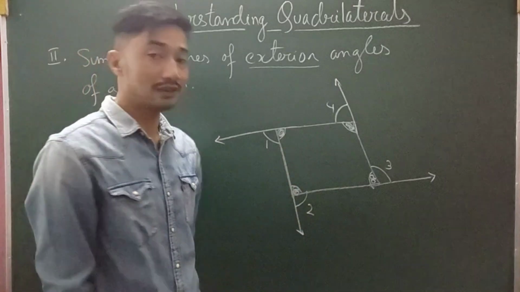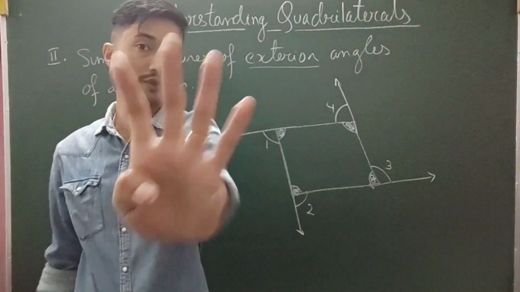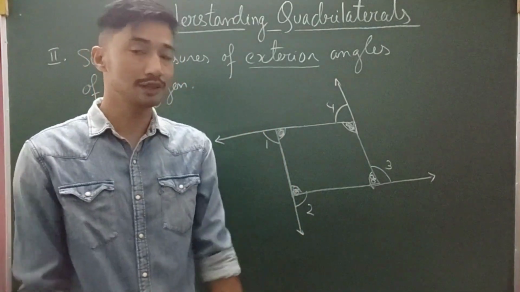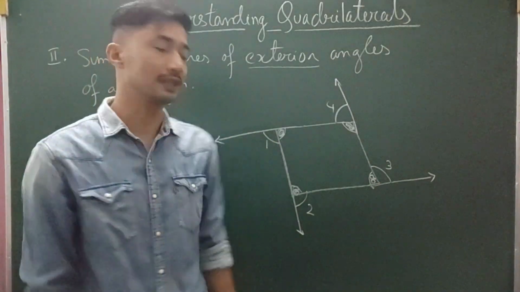How many sides did this polygon have? 4 sides. How many exterior angles did we get? 4 exterior angles.